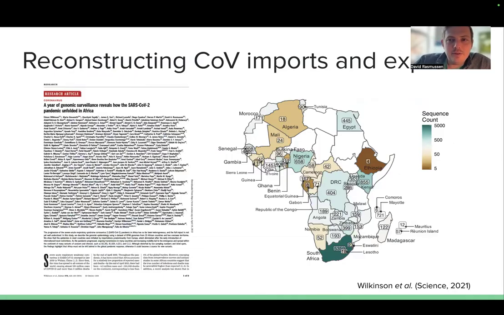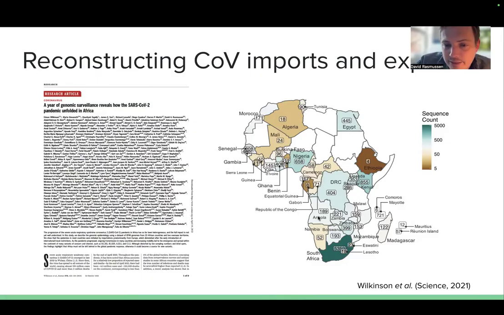During the early years of the pandemic, I was tangentially involved in a project that was trying to understand how the pandemic spread globally around the world, and specifically how it spread in Africa. And the interesting thing is that overall, Africa was relatively well sampled during the pandemic.